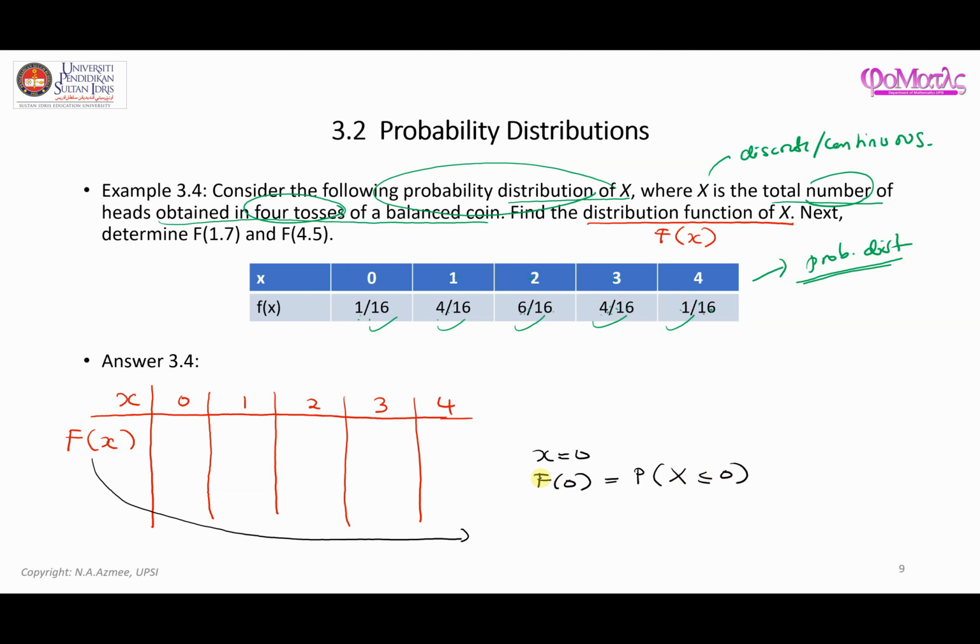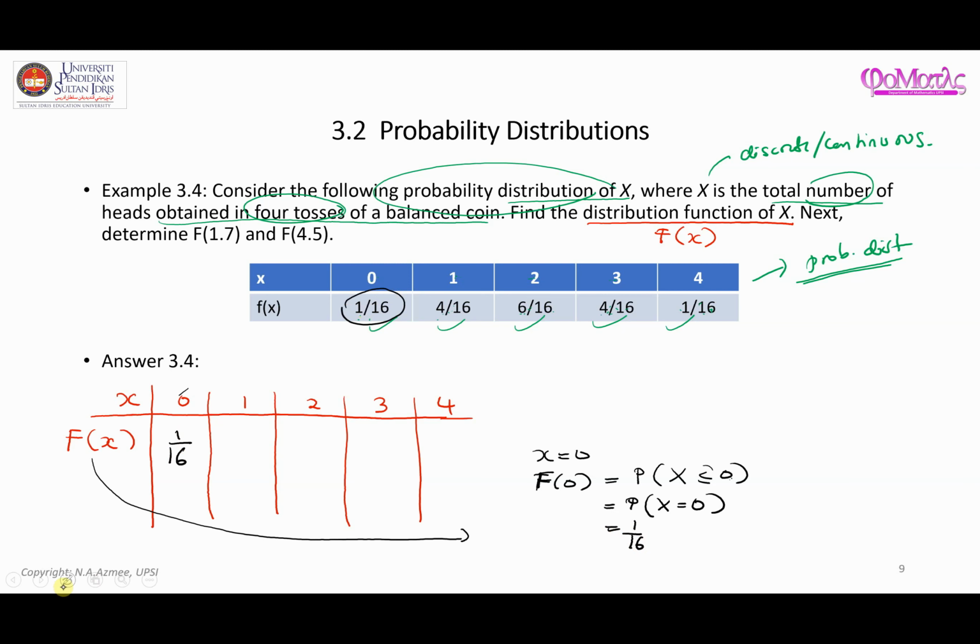This is what it means when you talk about big F: we are using this notation, less than or equal to some number. In this case, since 0 is the lowest number, this is actually equal to probability x equals 0. What is probability x equals 0? It is 1 over 16, so we can write down on this table 1 over 16.